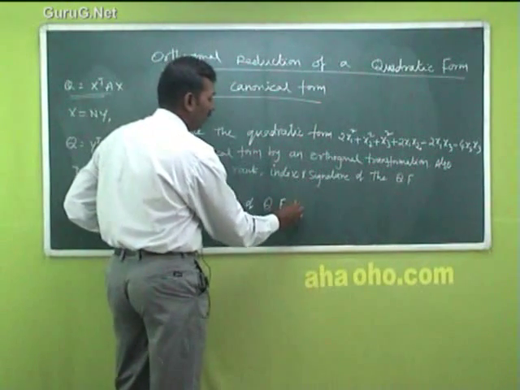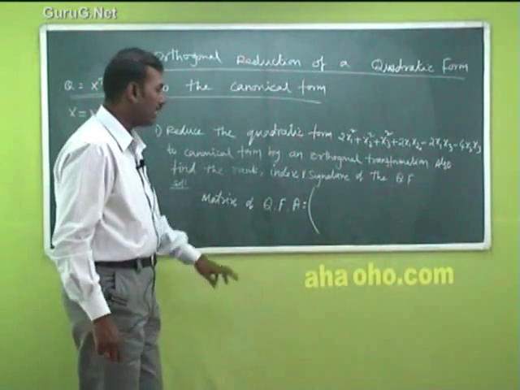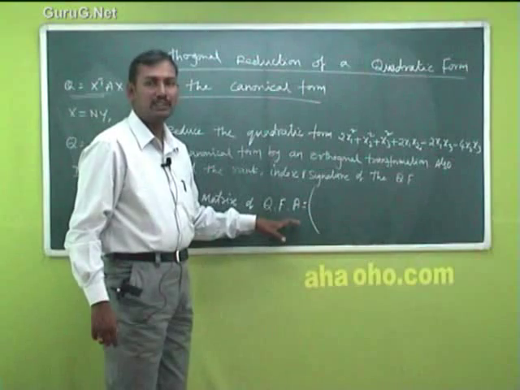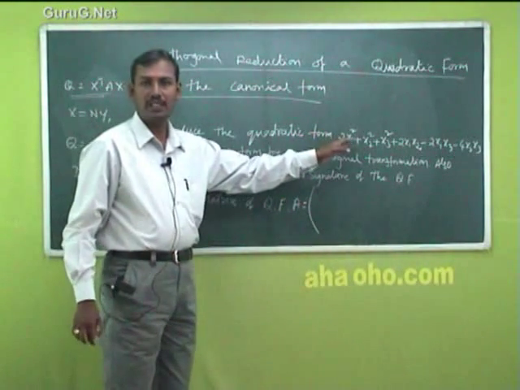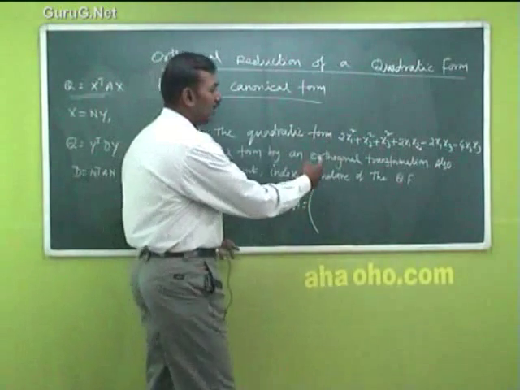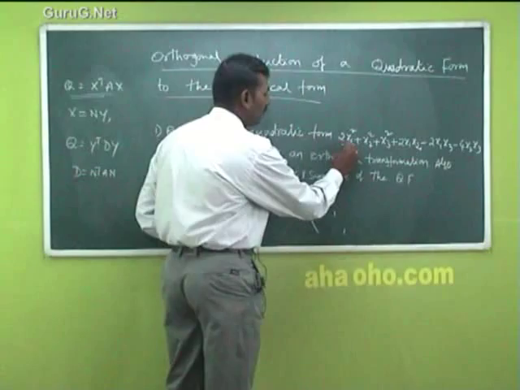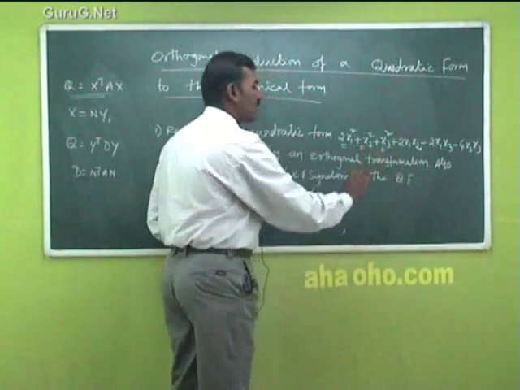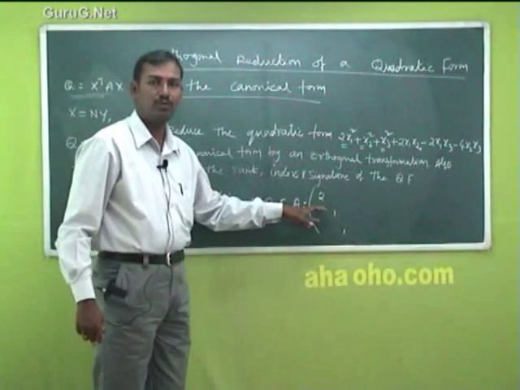The matrix of the quadratic form must be a symmetric matrix. The diagonal elements are the coefficients of the power terms x1 squared, x2 squared, x3 squared. So what will be the diagonal elements now? 2, 1, 1.